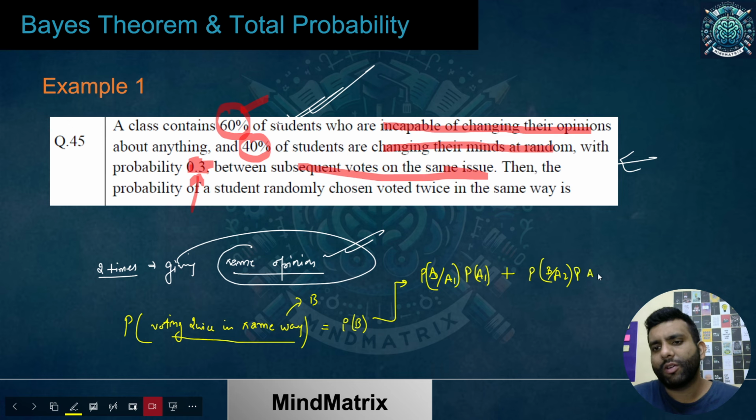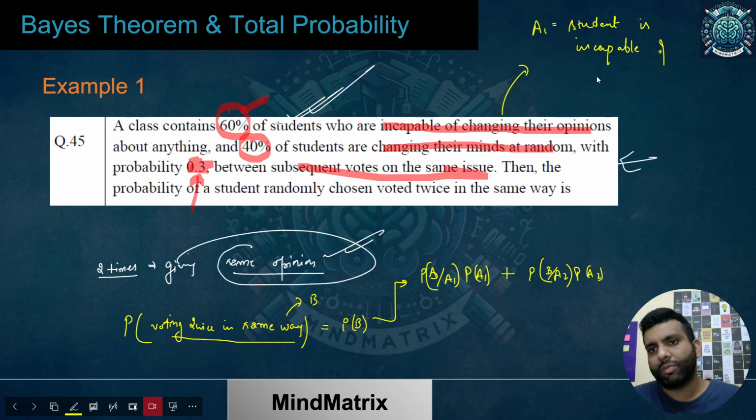times probability of A2. Now A1 is the event where the student is incapable of changing mind.